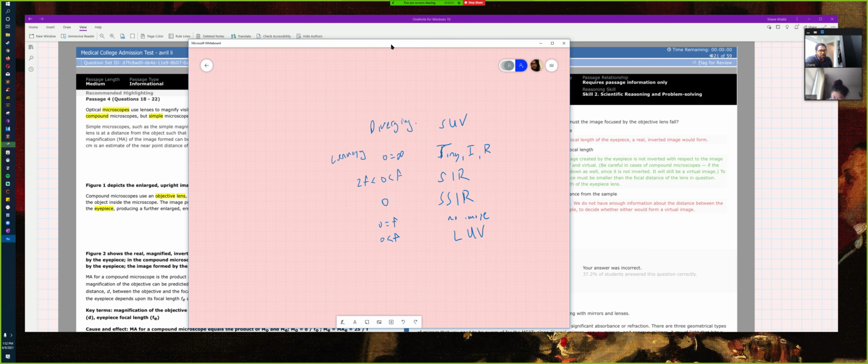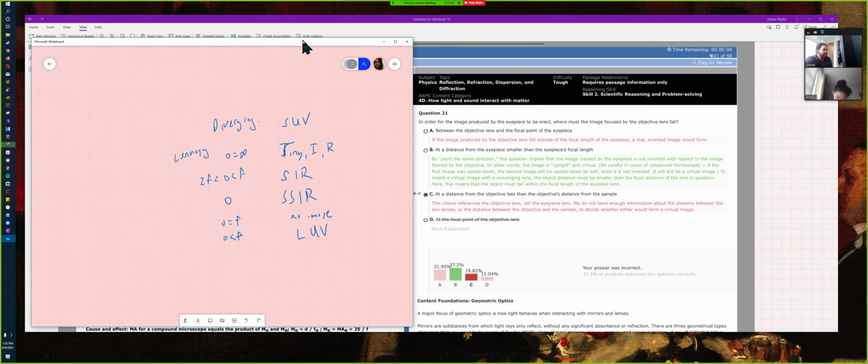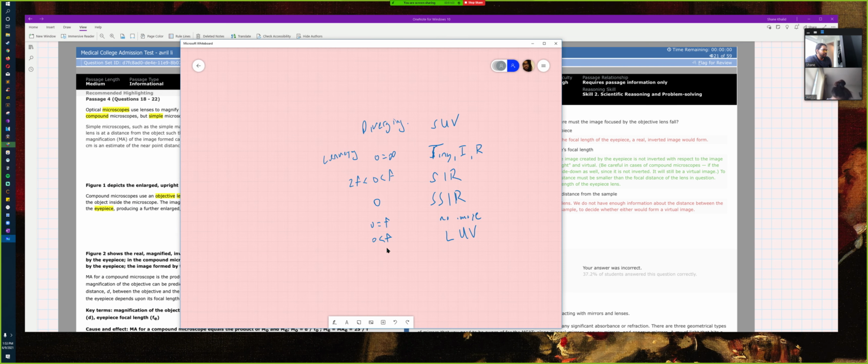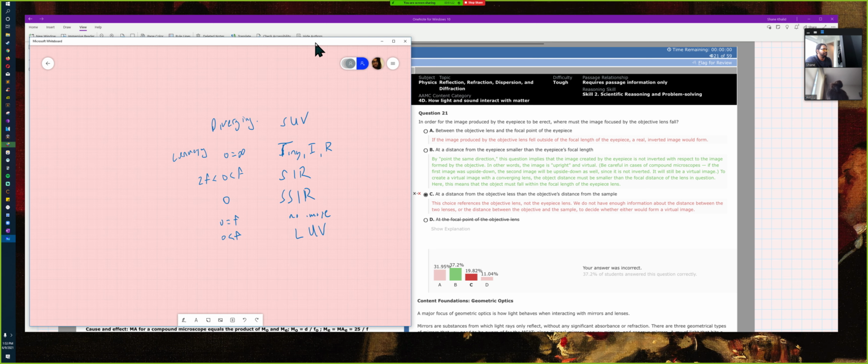And if it's upright, it's always going to be virtual, by the way. So the only way it'll be virtual is the bottom one, which means the object distance is within the focal length. That produces a larger upright virtual image.